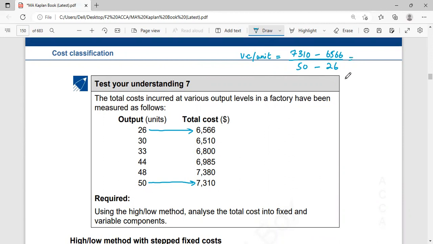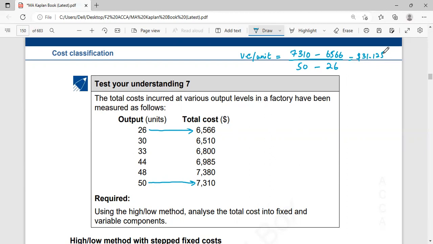Now tell me what will be the answer. $31.125. Okay, let me confirm it also on my side. 7310 minus 6566.